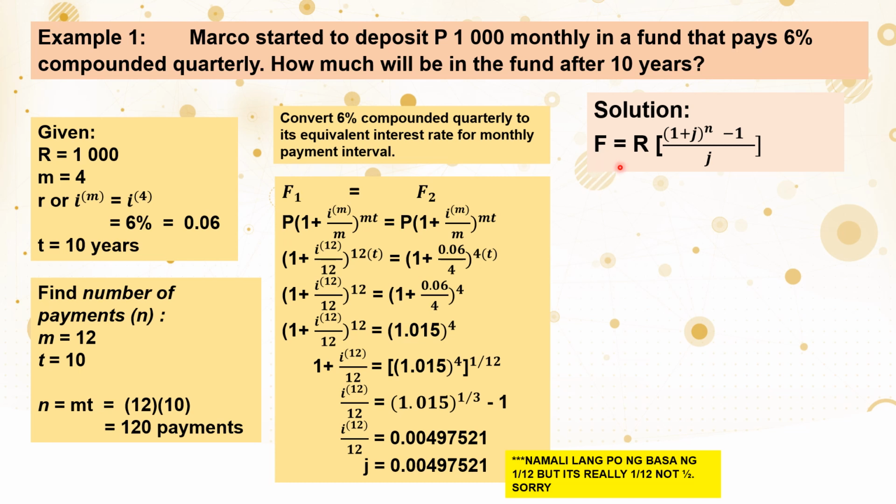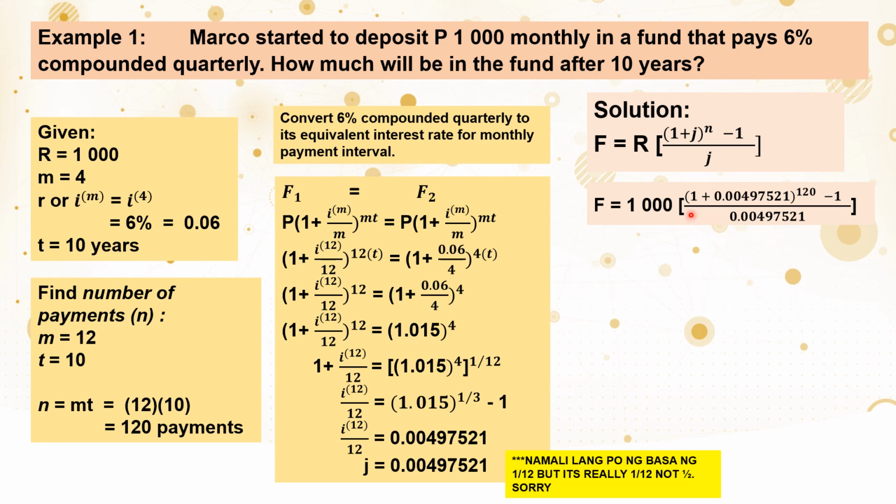So, F now is equal to R times the quantity 1 plus J raised to N minus 1 over J. Let's substitute the values of R, J, and N. So, F, or the future value, is equal to, our R is 1,000 times the quantity 1 plus our J, which is 0.00497521, raised to our N, which is 120, minus 1, all over our J, which is 0.00497521.